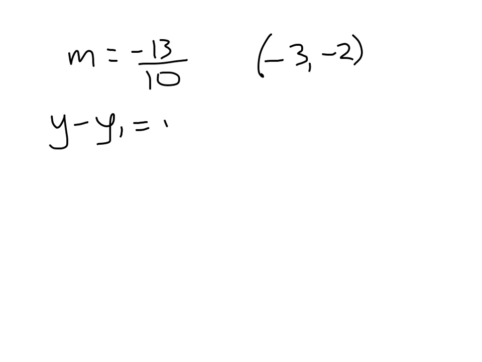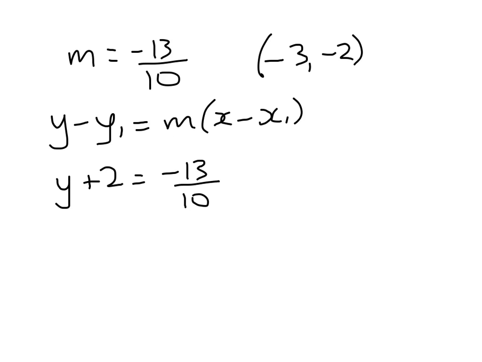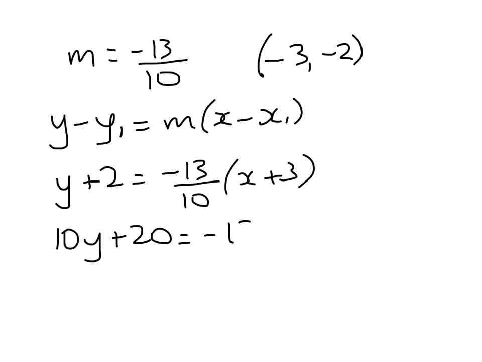Okay, so we had m equals negative 13 over 10, and the point we're trying to do this at is (-3, -2). So it's y minus y1 is equal to m times x minus x1. So y plus 2 is equal to negative 13 over 10 times (x plus 3). Be careful here, clear out your fractions. We get 10y plus 20 equals negative 13x minus 39. We can write that in two ways.